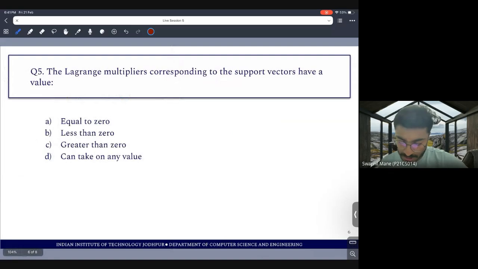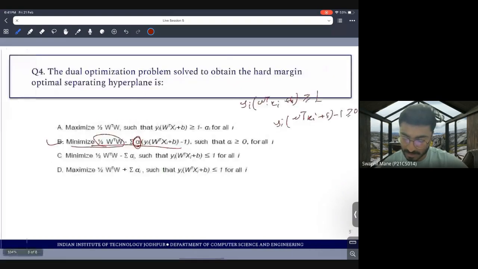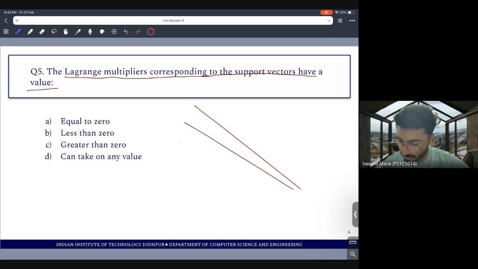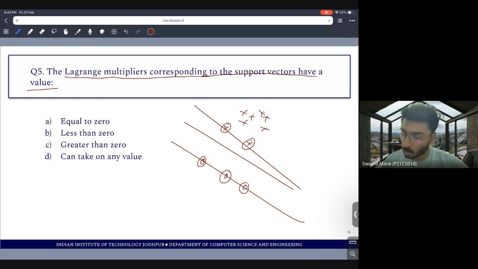Okay, let's move to another question, which is question 5. The question states that Lagrange's multipliers corresponding to the vectors have a value dot dot, meaning which value? So this is our hyperplane, and these are our support vectors. There are many points which are not support vectors.